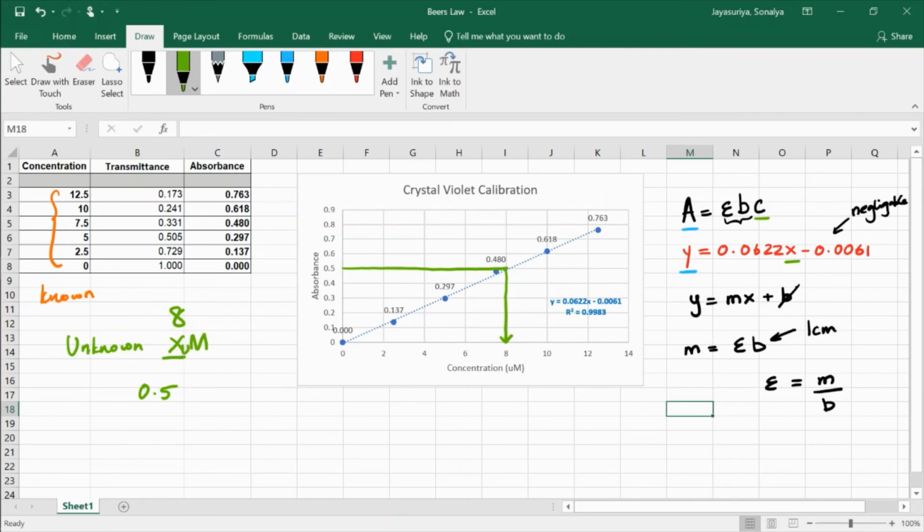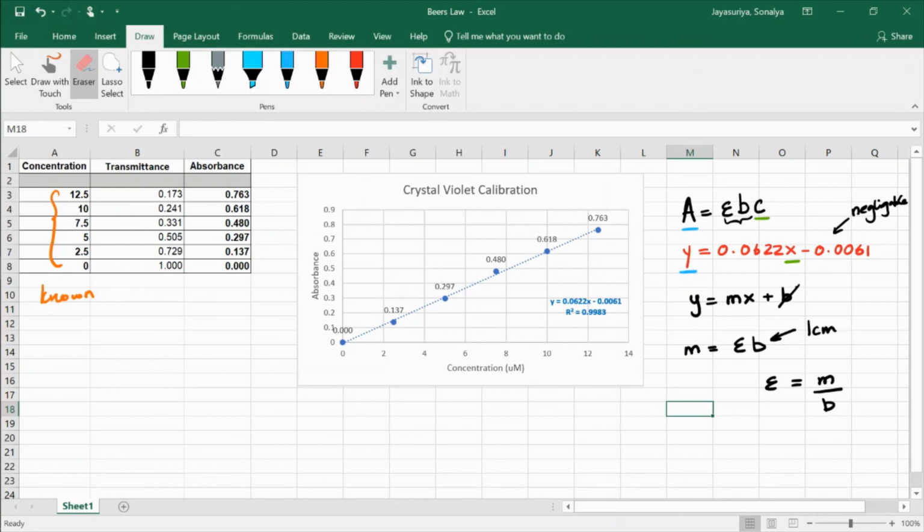So this is why this graph is super important. A calibration graph is important so that you can find the concentration of solutions of unknown concentration by using their absorbance values, okay? Lots of words there. It's very late. Kids, I'm tired. Okay.